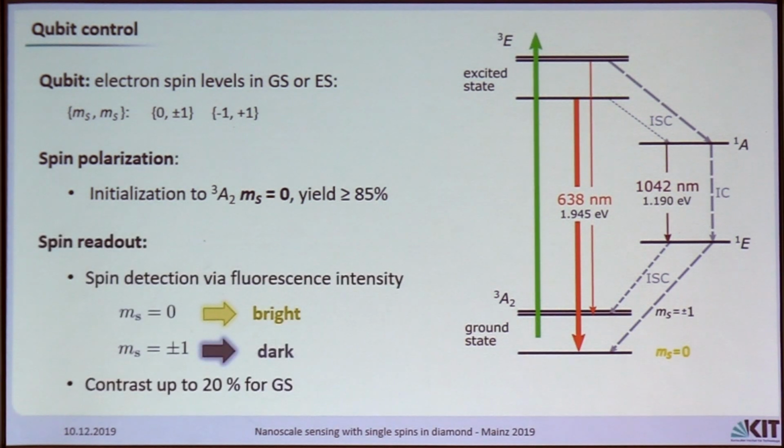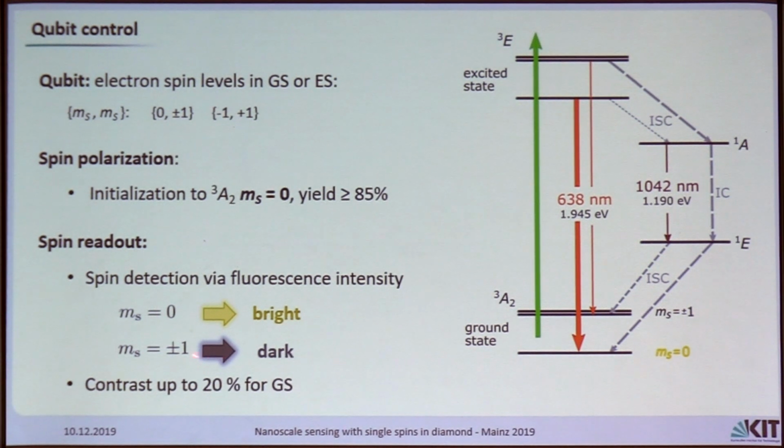And we can exploit the same mechanism for reading out this spin. Because now we know we can initialize the system, now we want to get out the information from this sensing of the fields. And that's done by spin detection via the fluorescent intensity. So we just detect the photons emitted from the NV center. In case we are in ms equal 0, we have a strong optical decay path.